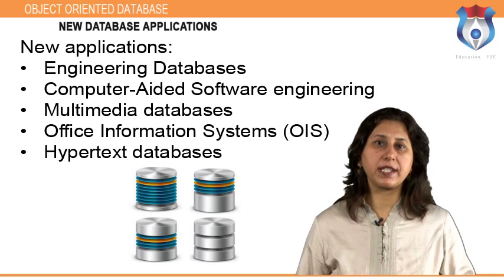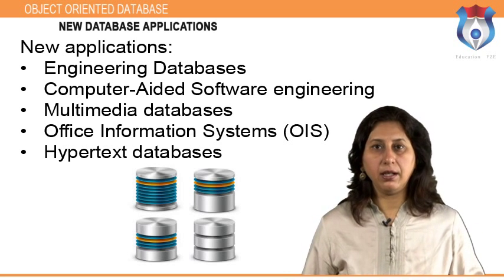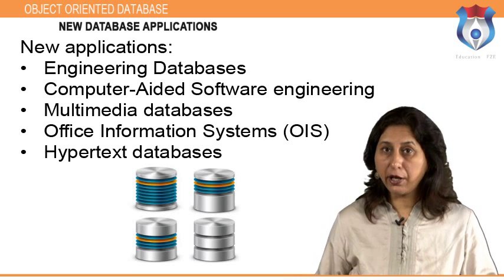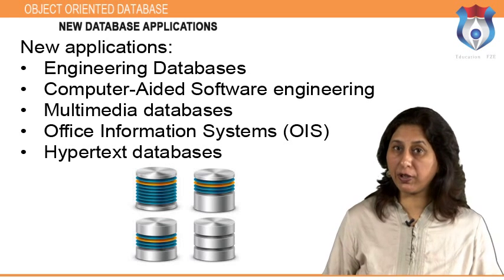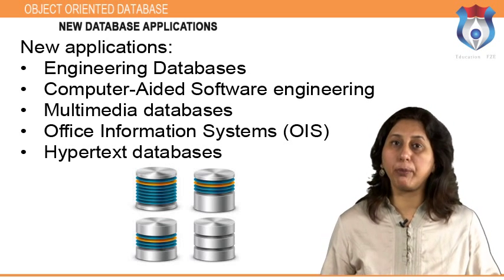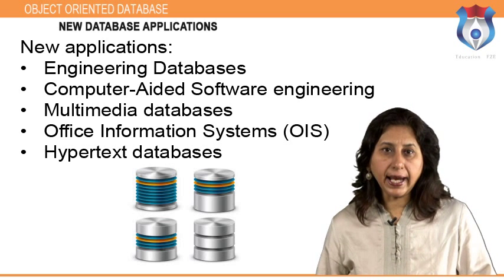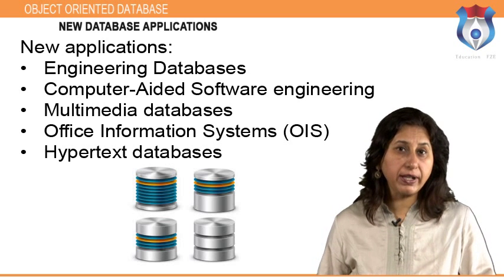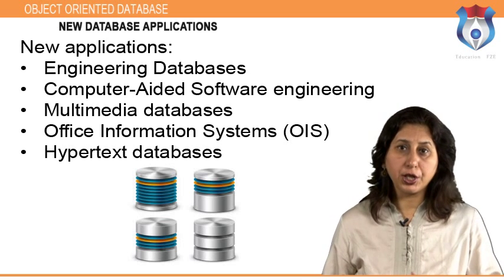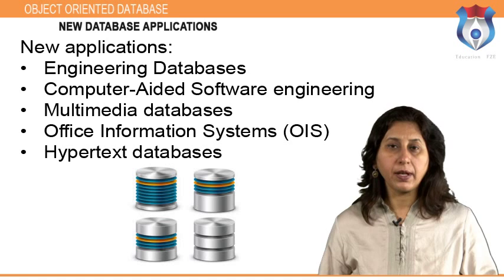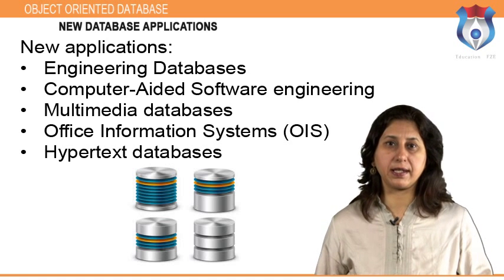Office Information Systems, OIS. Office automation includes workstation-based tools for document creation and retrieval, tools for maintaining appointment calendars, and so on. An OIS DB must allow queries pertaining to schedules, documents, and contents of documents. Hypertext databases.